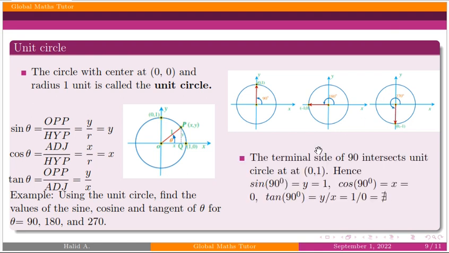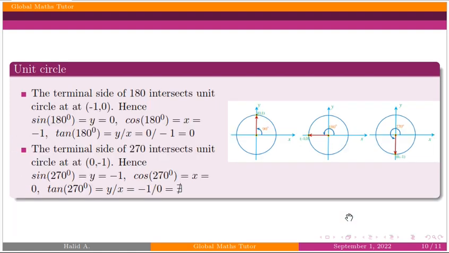Applying the definitions, sine 90 degrees means y, so the measurement of y is 1, and cos 90 degrees is x, so our x is 0 because (0,1) is the point. And tan theta is y over x, which is 1 over 0, undefined, so it doesn't exist.